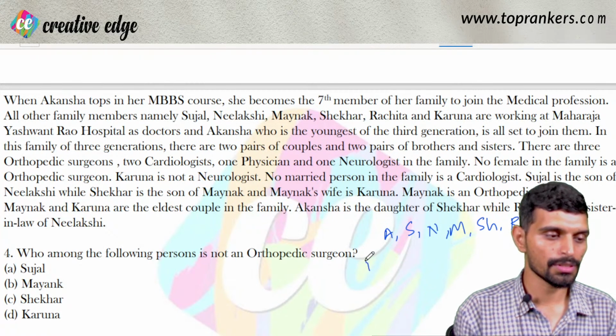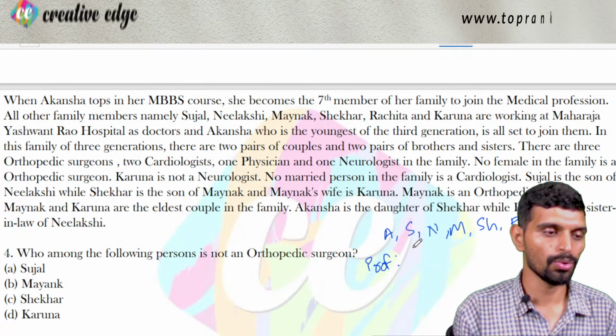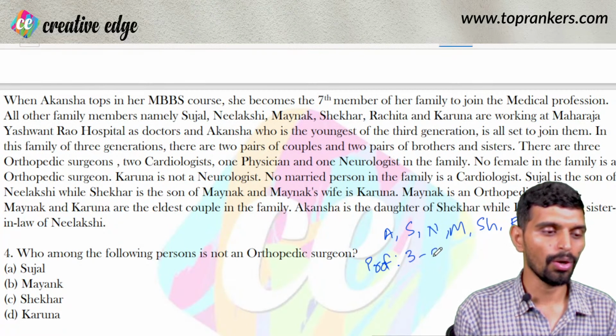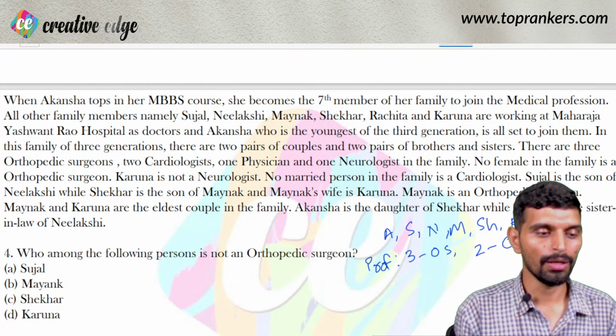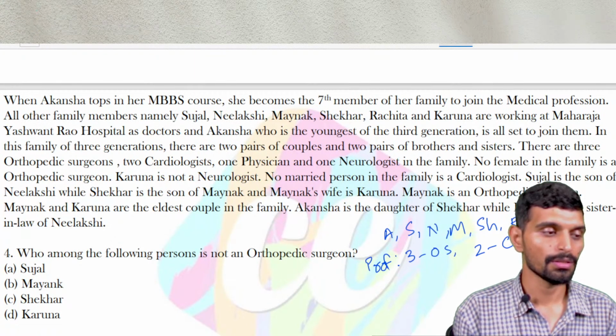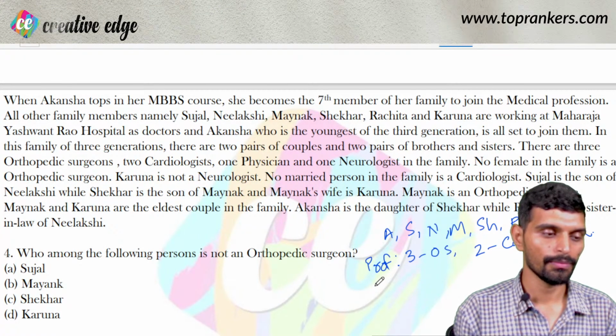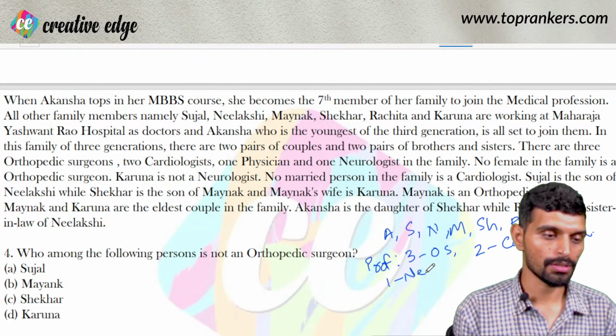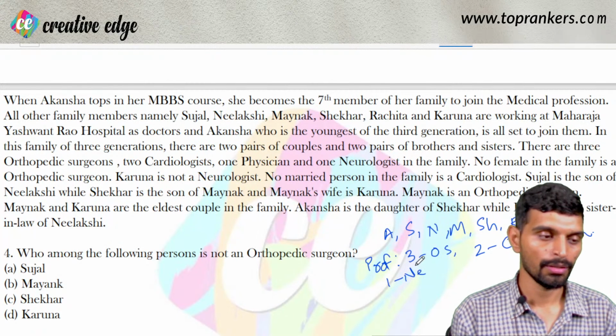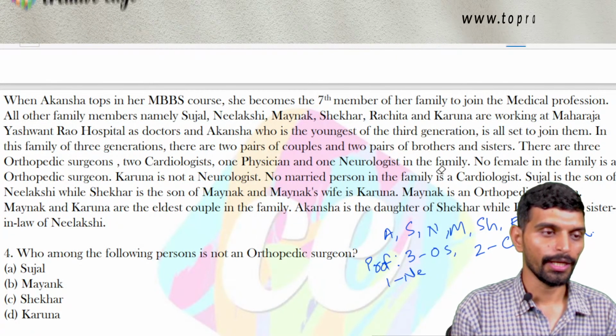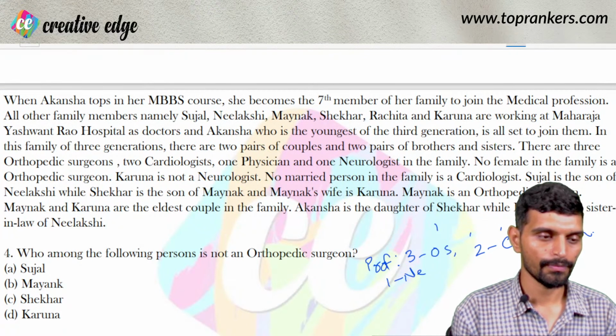And their professions are also known to us: 3 orthopedic surgeons, 2 cardiologists, 1 physician, and 1 neurologist, right? So let me write it on the other side so that it is visible.